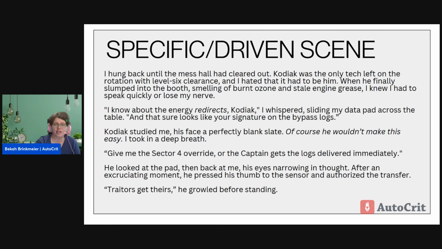Or they, actually. The outcome changes the story. So the character got whatever the codes were. They got their override, but it feels like with this ending statement that they may have sacrificed a relationship to do so. So when Kodiak calls them a traitor, that status quo is now shattered. This is very interesting. This has scene goals.